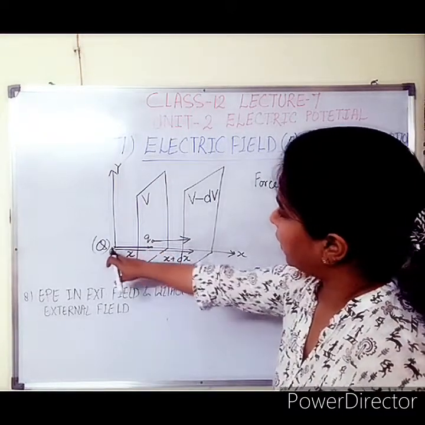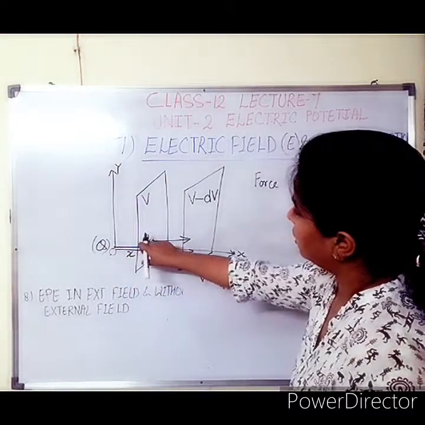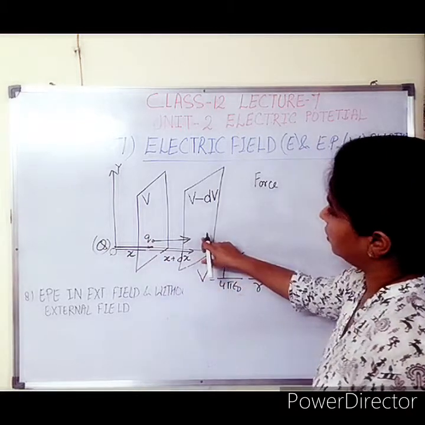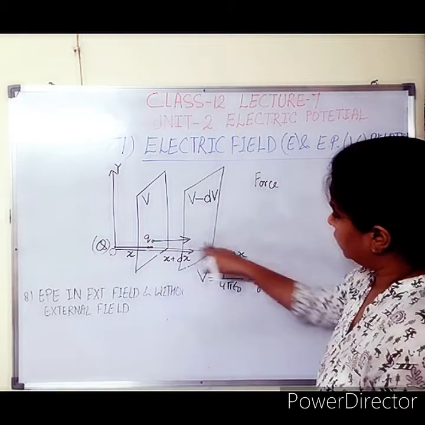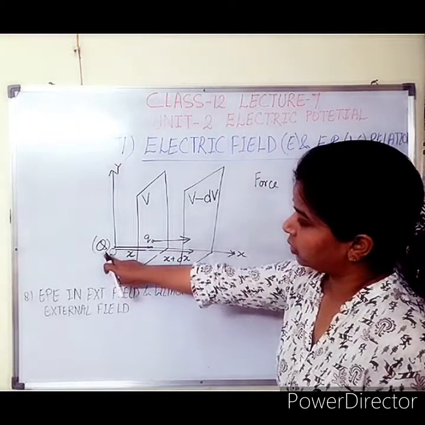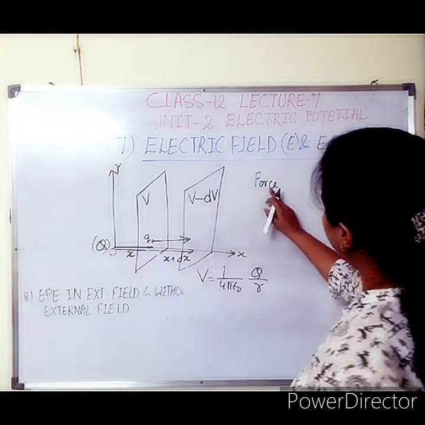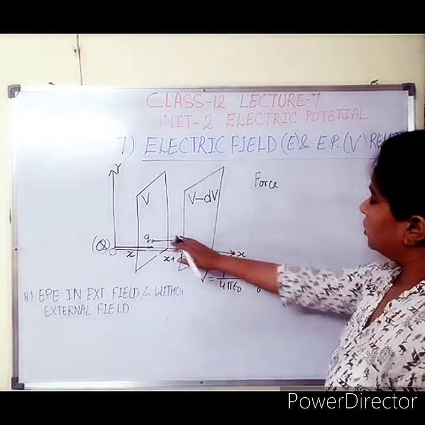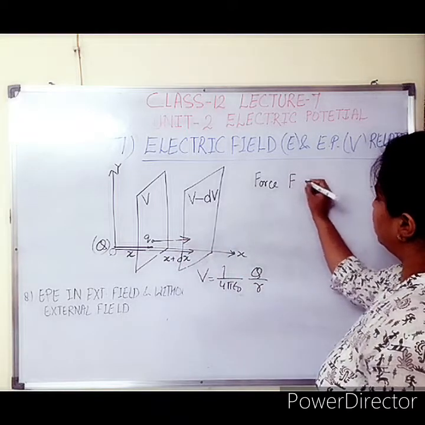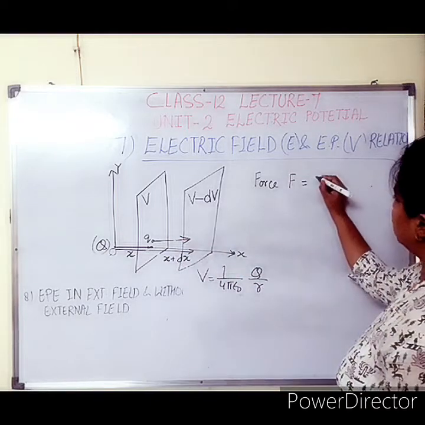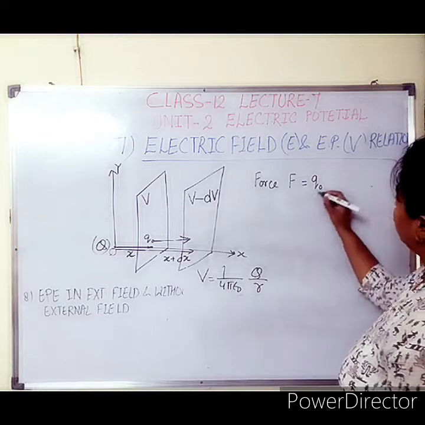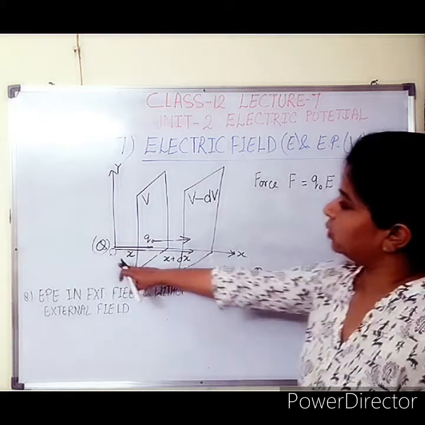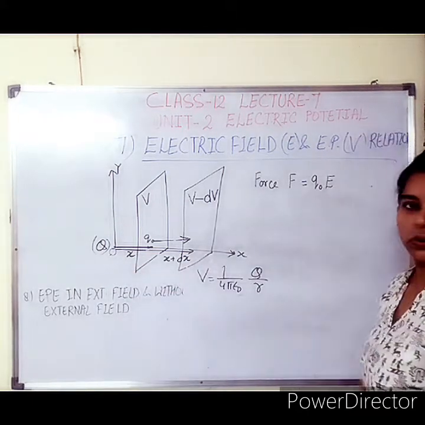The force applied by the source charge over the test charge. The test charge should move in the right direction, towards the positive x-axis, because the source charge is present at the origin. So we will take the force applied on the test charge. So F should be equal to, on whom is it applied? On Q naught. So Q naught and the electric field of the source charge is E. So Q naught into E.